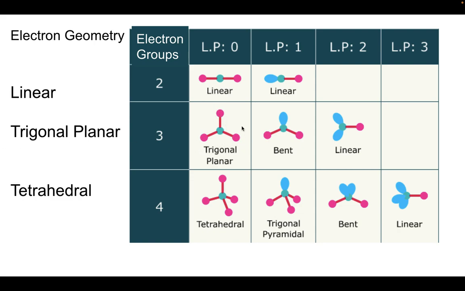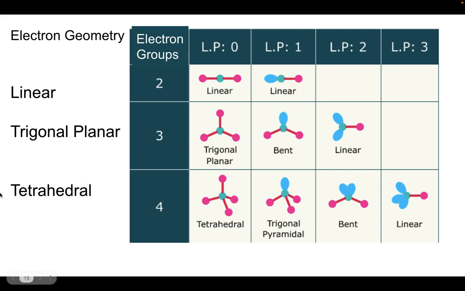So no lone pairs, okay? Your electron geometry is trigonal planar, your molecular shape also trigonal planar. If you've got one lone pair, your electron geometry is going to be trigonal planar, but your molecular shape will be bent. And finally, if you have three things around your central atom, your electron geometry is trigonal planar, but your molecular shape is linear if you have two lone pairs and one atom.